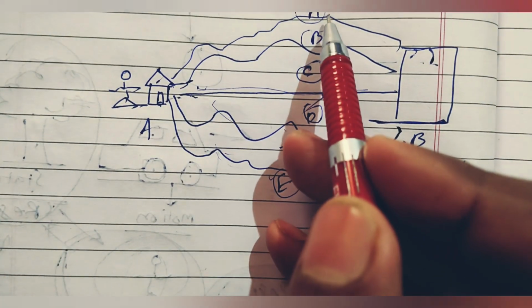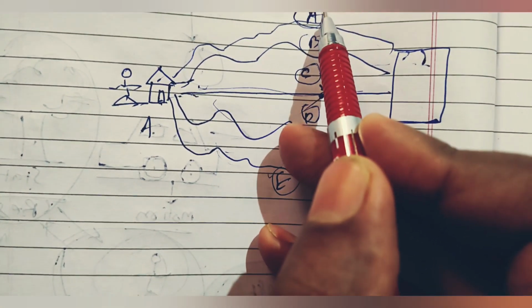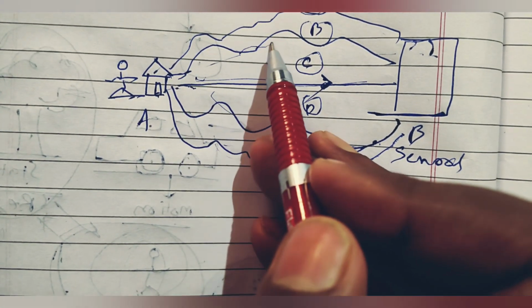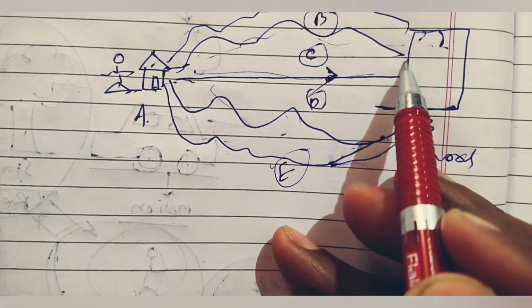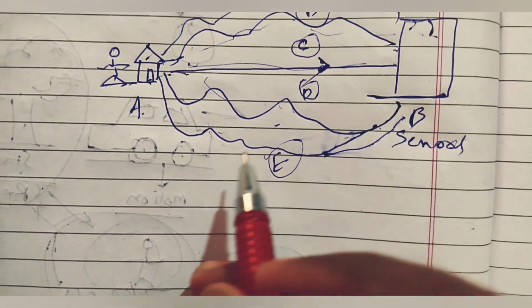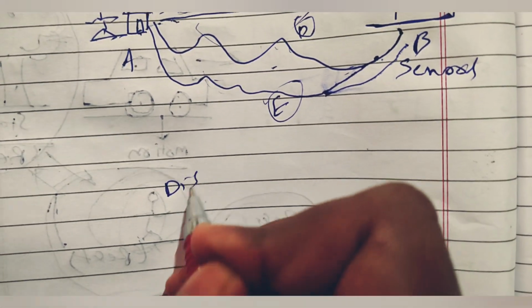From A to B, if the student follows path A, the distance will be different. If the student follows path B, then the distance will be different. Then what is distance? Distance is nothing but total length.